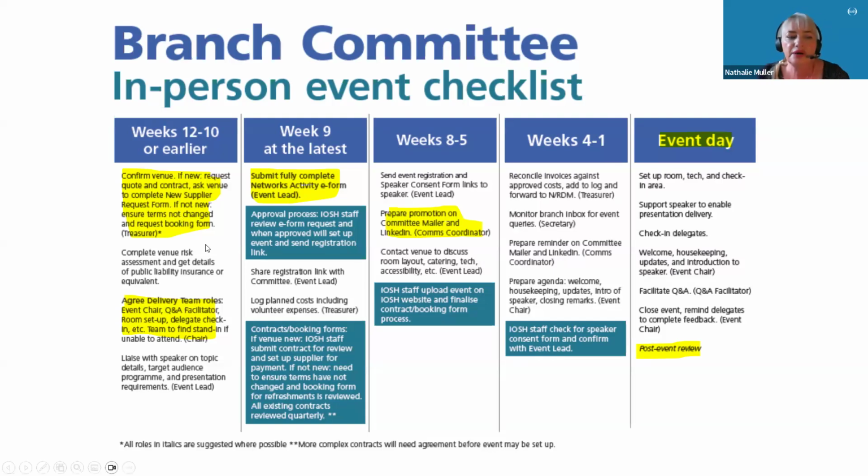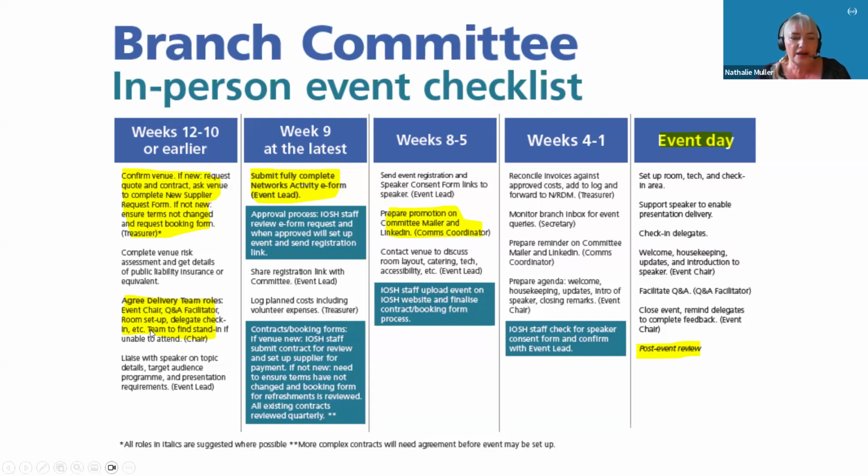So all of this requires the treasurer. Oftentimes we get asked, what does the treasurer do? What can the treasurer do? They're really important in the groundwork towards the delivery of a successful event.